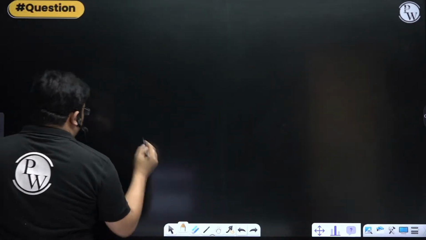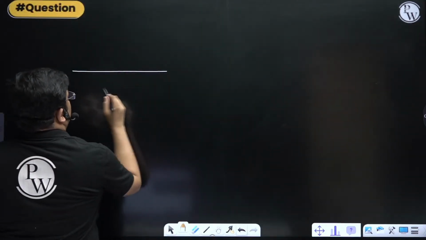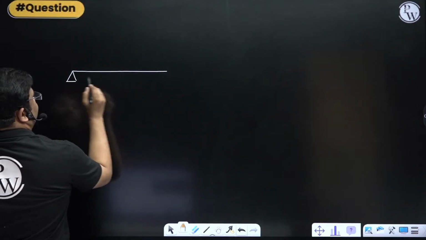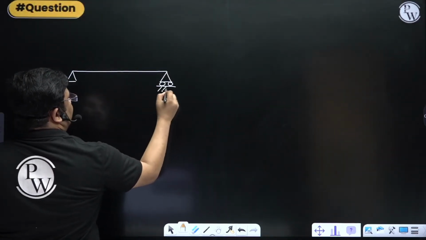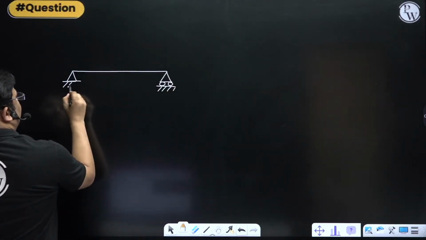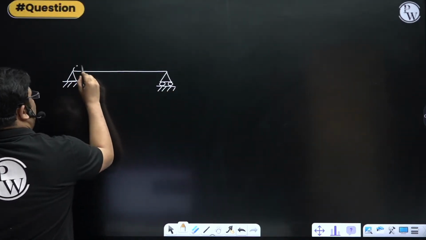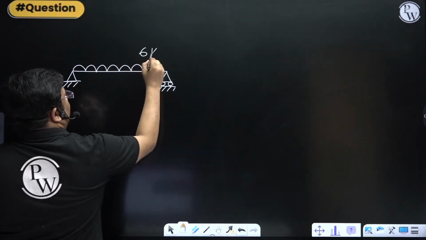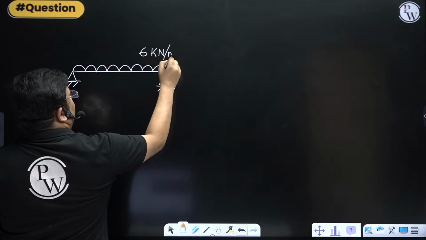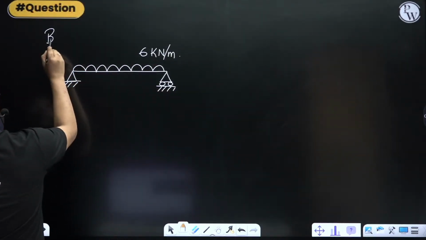As I told, there will be a lot of questions on comparison. So here also we have two beams. Suppose this is beam 1 or beam A. In fact, this is a previous year GATE question only. So this is beam A.